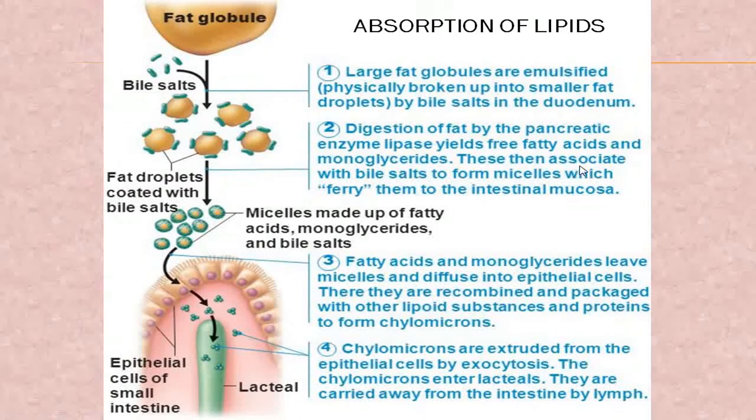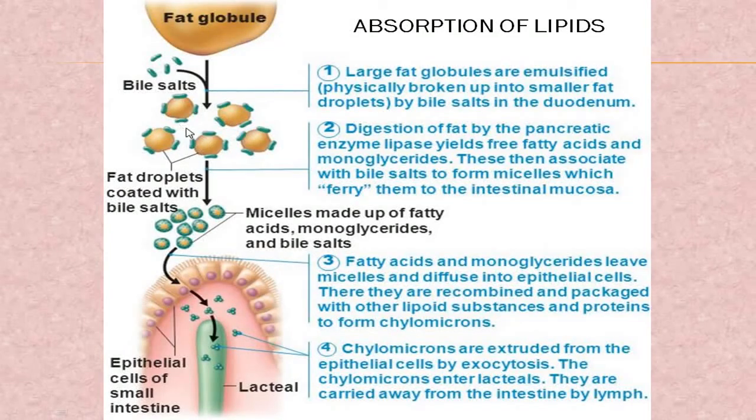And these fatty acids and monoglycerides attach with bile salts to form droplets which are called micelles. As you can see, these are small particles or small molecules of fats which attach with the bile salts to form micelles.